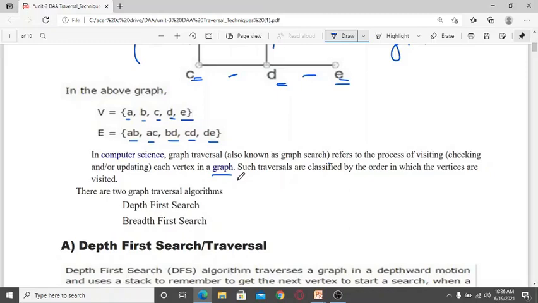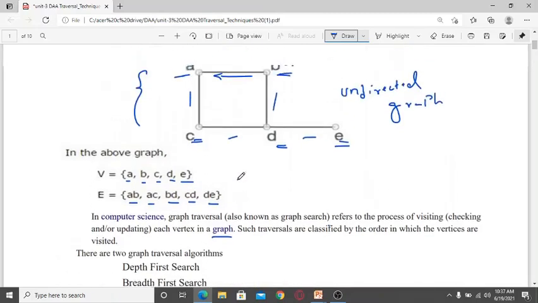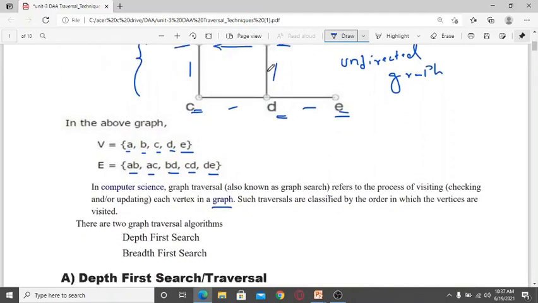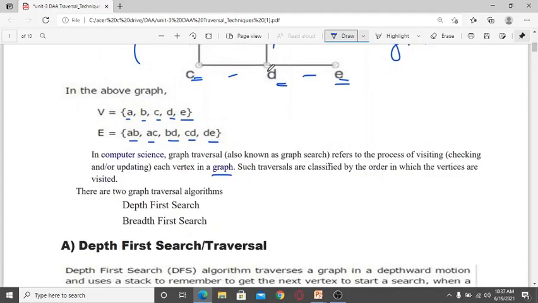So this depth first search, what it will do is visit the vertices. When it is visited from A to B, then it is visited.